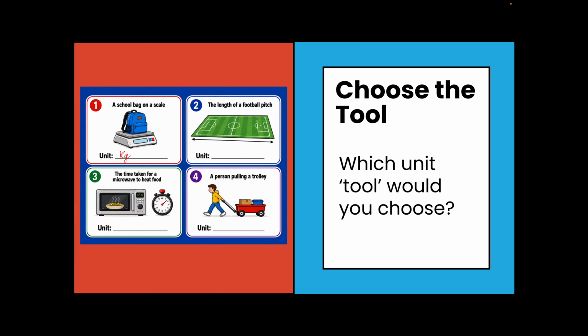If it is the length of a football pitch, we are measuring distance or length. So the unit is meters. If it is the time taken for food to heat in a microwave, we are measuring time. So the unit is seconds. If someone is pulling a trolley, we are measuring a force. So the unit is newton.